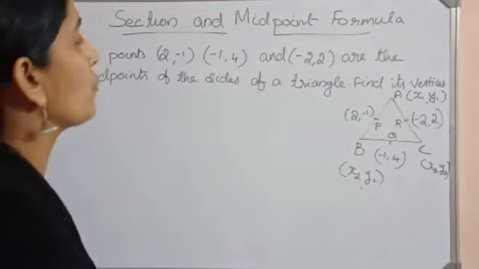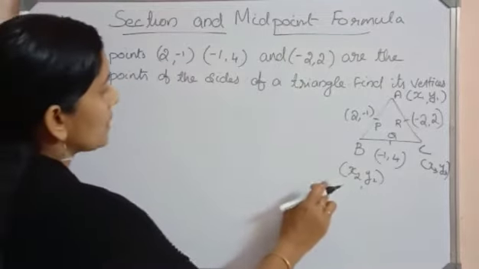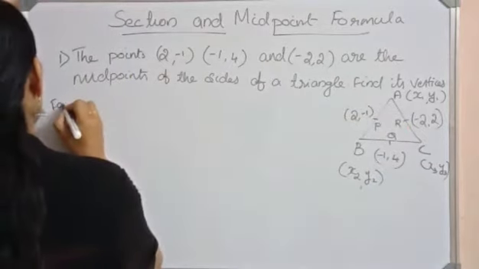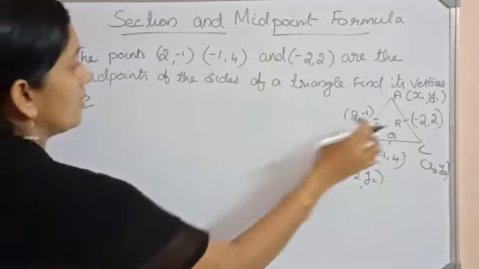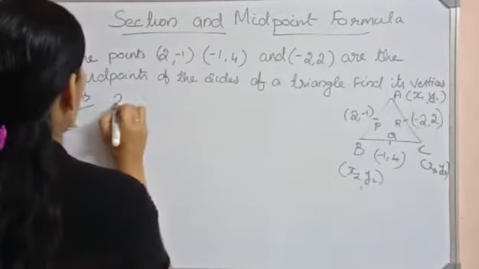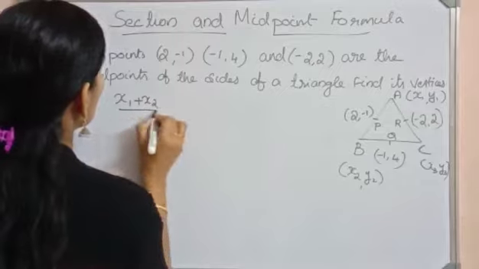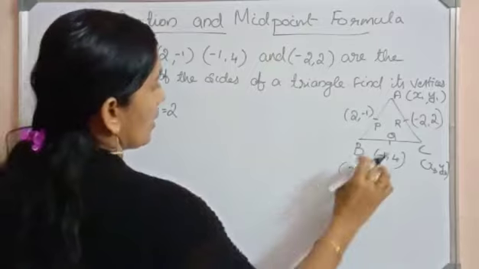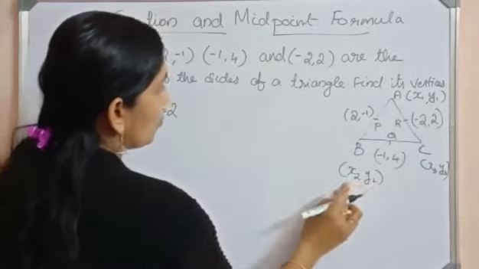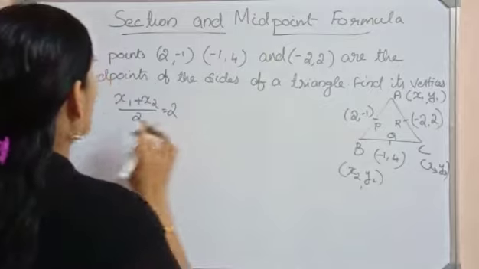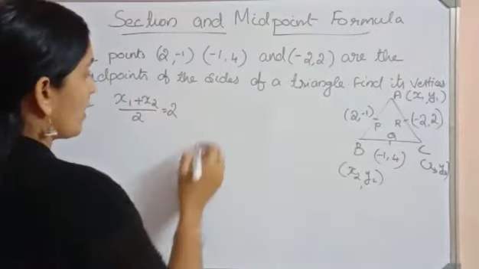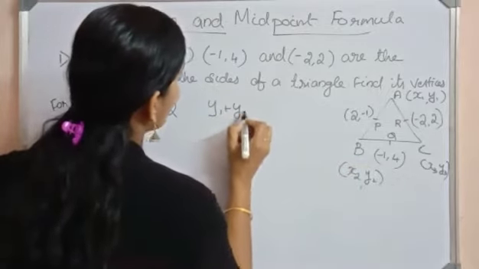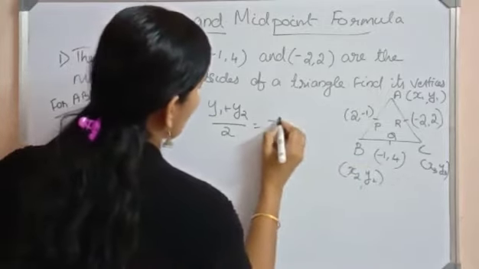Now let's use the midpoint formula here. For AB, (x1 + x2)/2 is equal to 2. Consider the x coordinates x1 and x2, and the x value of the midpoint is 2. So (x1 + x2)/2 is 2 and (y1 + y2)/2 is -1.